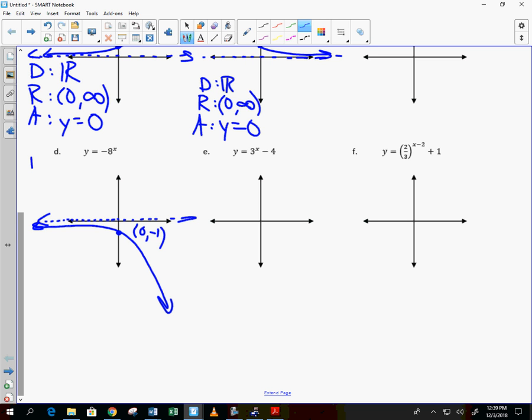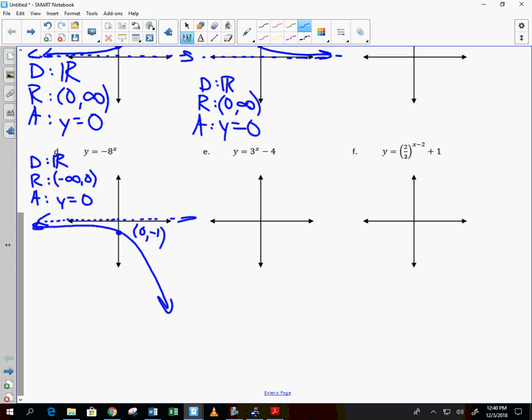What is the domain? Always all real numbers. How about the range? That's different this time. And the asymptote? y equals 0.